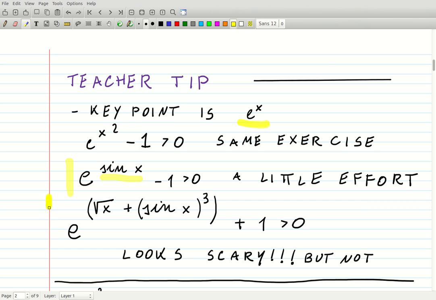At last, but not least, we can write down a very difficult expression that looks very, very scary to our students, but it is not. Again, this kind of exercise can show them how to think, not to go and make calculus, and so on. Because with very little reasoning, we can solve this kind of inequality.